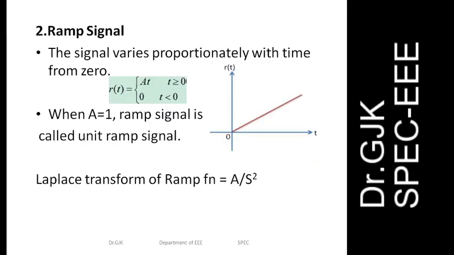Then coming to the ramp signal, this ramp signal increases proportionately with time. It is similar to the function of velocity for which the system responds. When a is equal to 1, this signal is called the unit ramp signal.